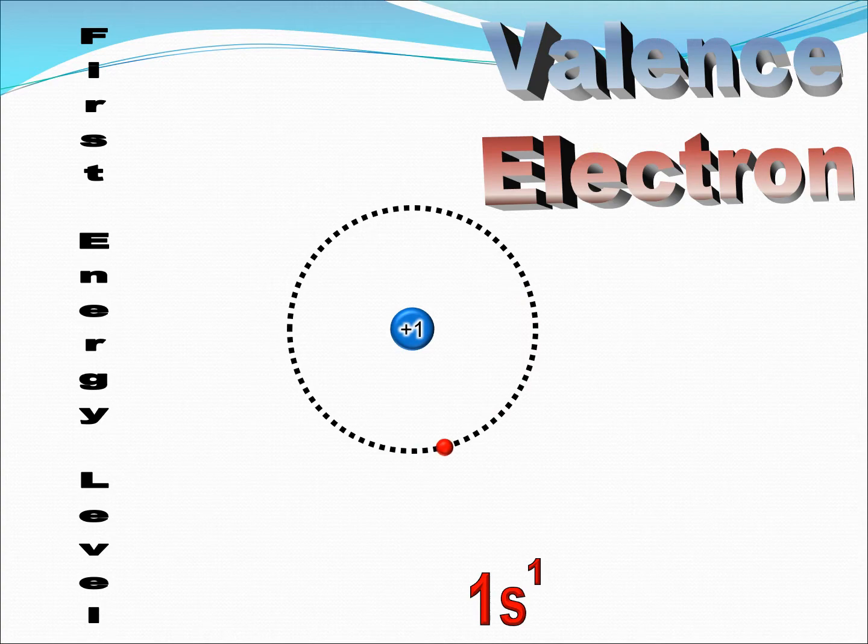So this is +1. Well, that's got to be hydrogen, right? Hydrogen is number 1. If you have a +1 nucleus, then you only need 1 electron. Electrons are -1. Only 1 electron to cancel that out. I'm showing that electron going in a circle. That circle represents the first energy level, as if it goes around like a planet.